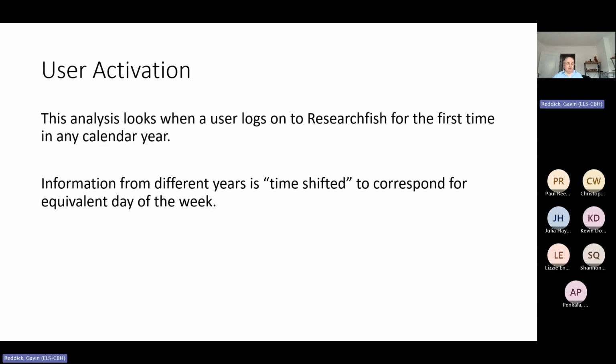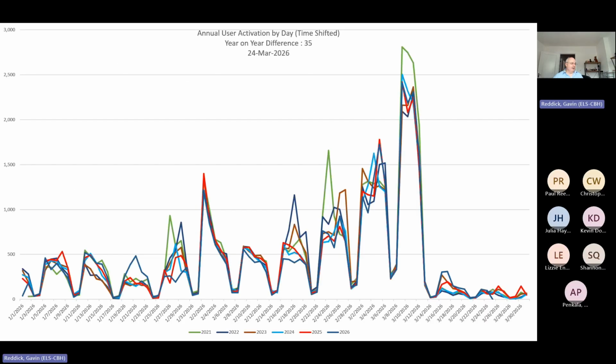So the actual timing of the submission period can move and days of the week can change from one year to the next. And these have significant impacts on user behavior. And so what we do is we do a time shifting methodology to line up essentially where we are in the submission period to make drawing conclusions across years easier.